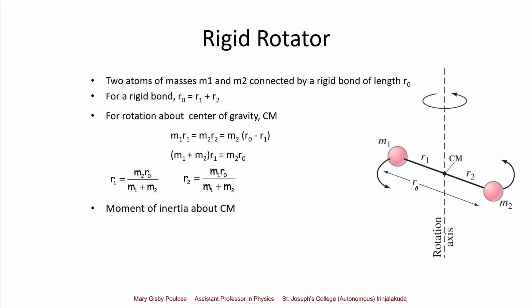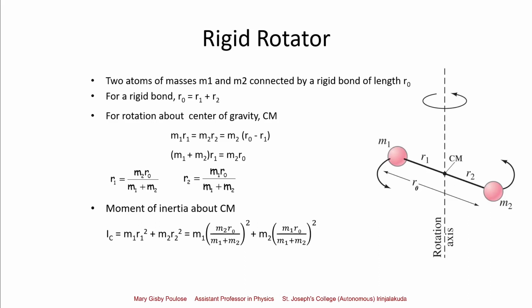Now the expression for moment of inertia about the center of mass, we have taken it as IC is equal to m1r1 square plus m2r2 square. Substituting for r1 and r2 values, we get m1 into (m2r0 by (m1 plus m2)) the whole square plus m2 into (m1r0 by (m1 plus m2)) the whole square. We have the common terms m1m2r0 square in the numerator.